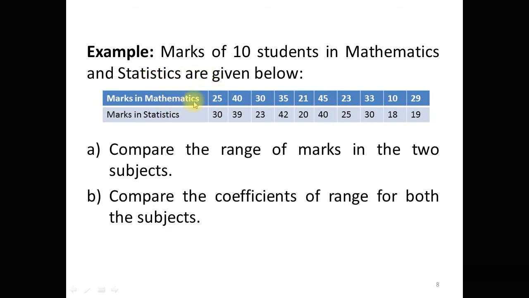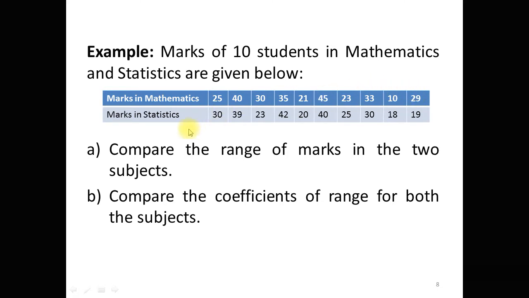These are the marks of students in mathematics: the marks of the first student are 25, second student 40, third 30, fourth student 35, fifth student 21, sixth student 45, seventh student 23, eighth student 33, ninth student 10, and the tenth student 29.